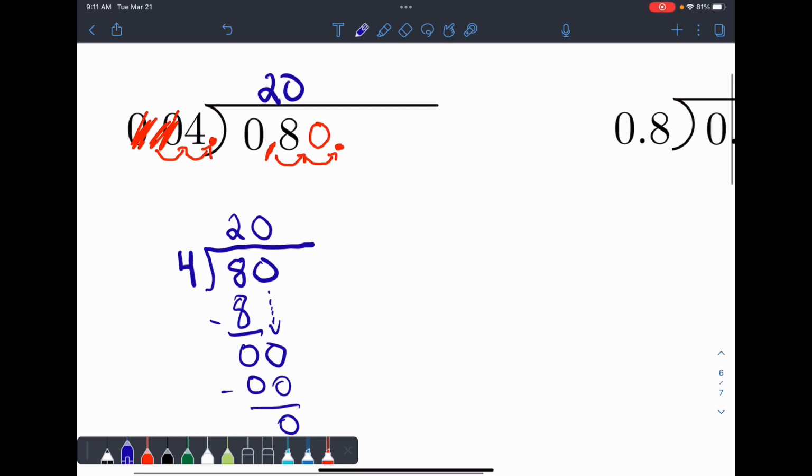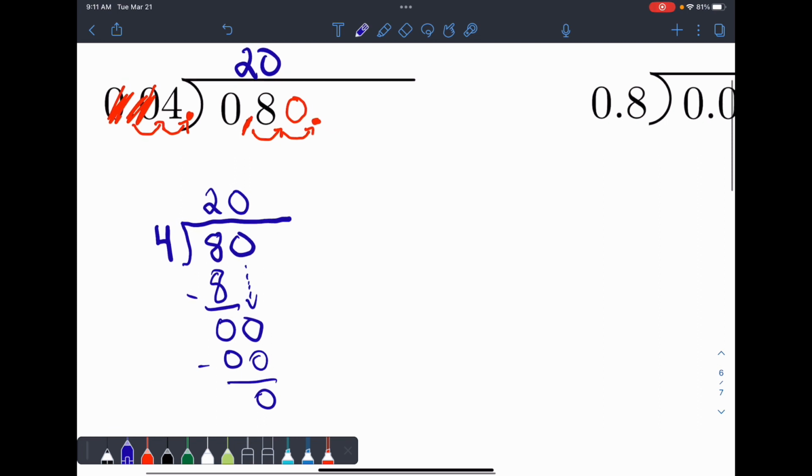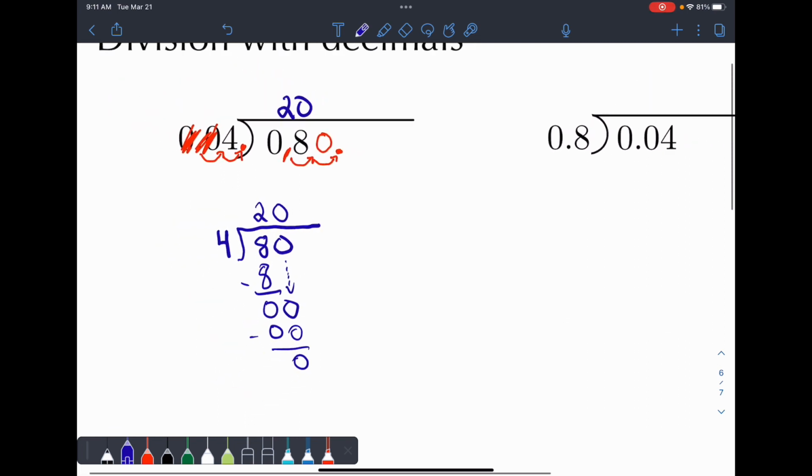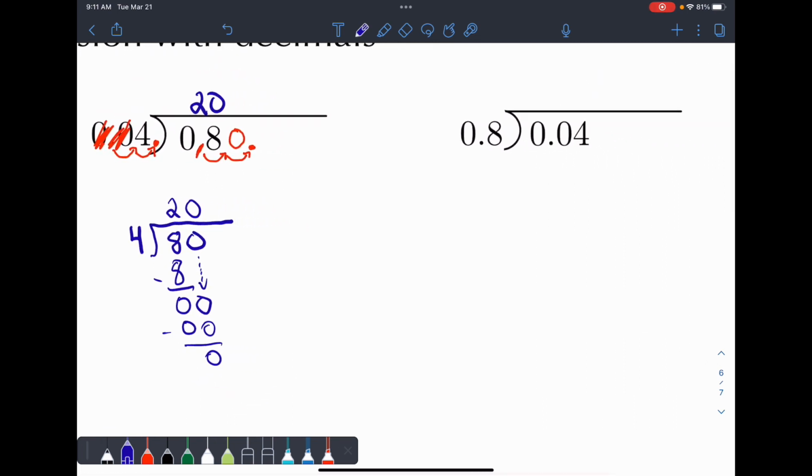Okay? So we got a number bigger than 1, which is what we expected because the divisor is smaller than the dividend. Okay, so that is that question. Let's go over here where we have reversed the divisor and the dividend. So now we have 0.8 going into 0.04.